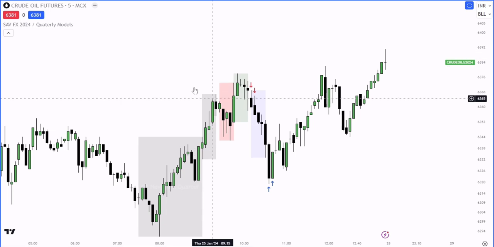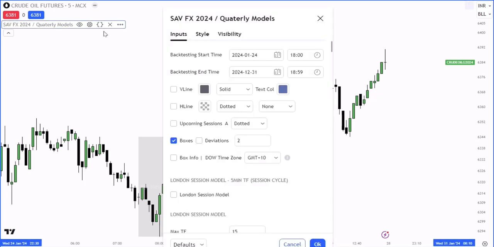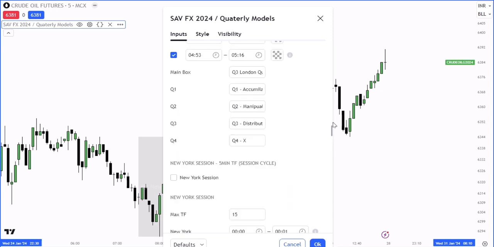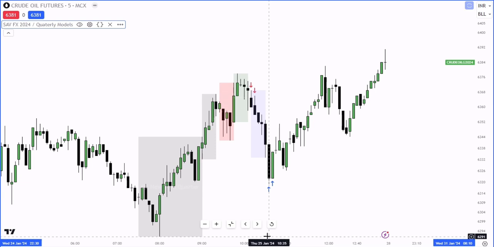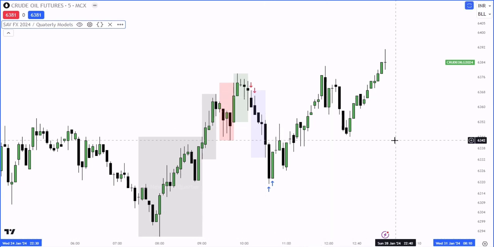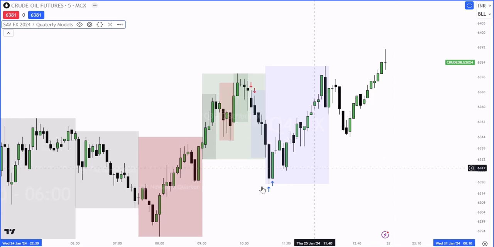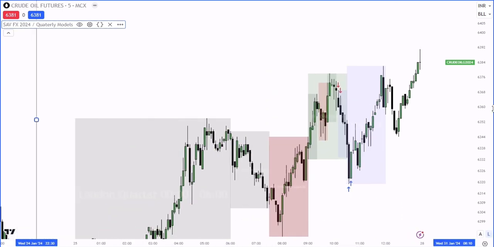If you can pay attention, if I'm to do this and then scroll lower and enable the New York session 5-minute time frame session cycle, like this, then we're gonna have it loading. Let's just see. What is it that you see?